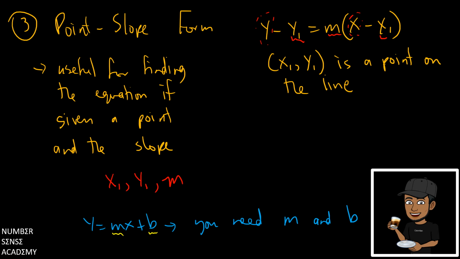So that should be my fourth point that you should probably get. Maybe it's not a fourth point, but to kind of tie everything together, make sure you're comfortable with those three forms, because if you have an equation in general form, you have to be able to convert it to slope-intercept form. If you have an equation in slope-intercept form, you need to be able to convert it back to general form, and then point slope form helps you find the equation.